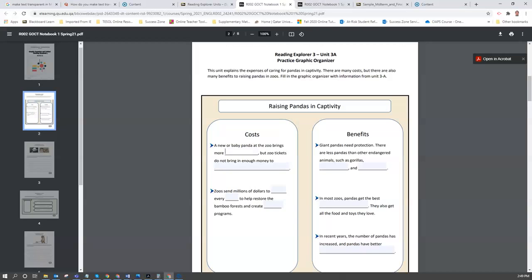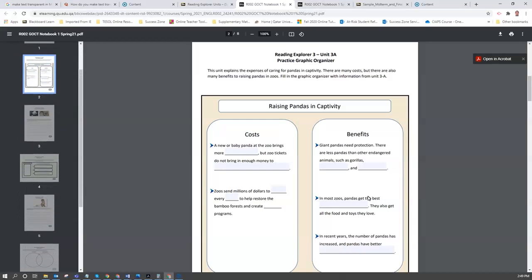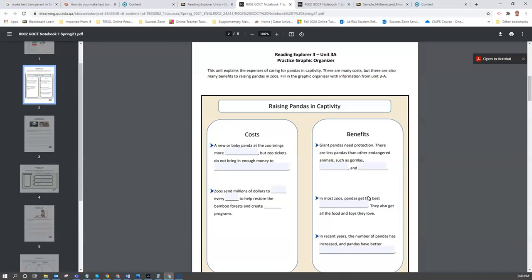So again, these are paraphrase sentences that are similar to what's in the story, and basically you want to put in the information there. So you write in your answers. It's usually going to be maybe 1 or 2 words. Okay. So that's pretty much similar for all the chapters.